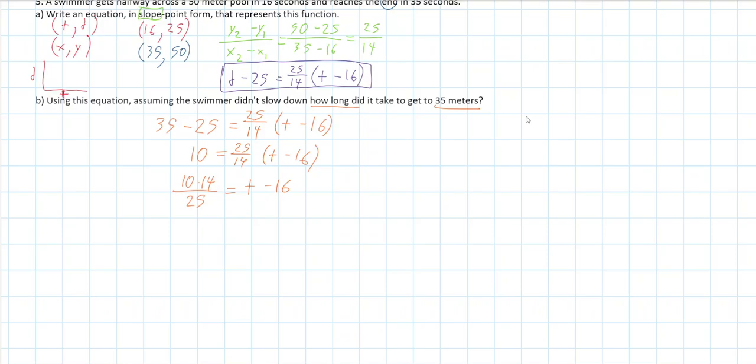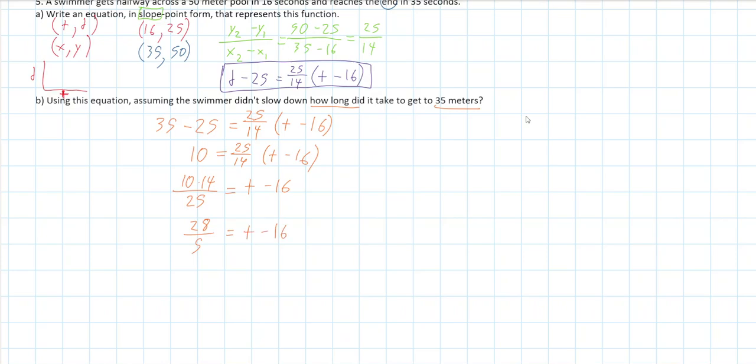So I think 140, no, it won't quite simplify, but it'll be 28 over 5 equals t minus 16.